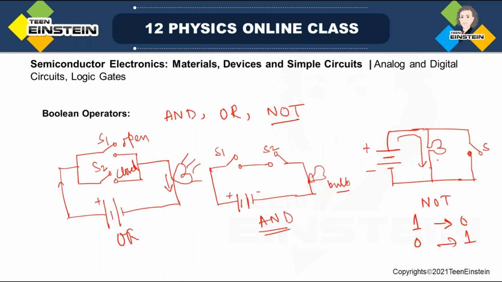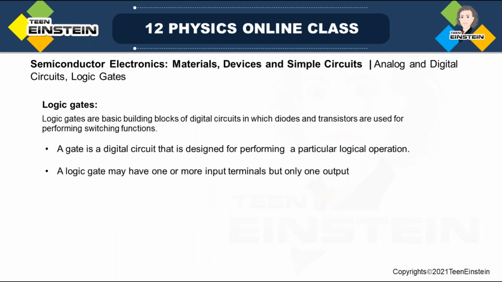AND, OR, and NOT, these 3 basic operations are there in Boolean algebra. Okay, and based on these basic operations, logic circuits are built. Now we'll learn what is a logic circuit or logic gate. So logic gates are basic building blocks of digital circuits, in which diodes or transistors, or maybe together, they are used for performing switching actions or switching functions.